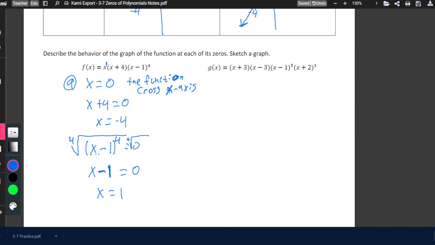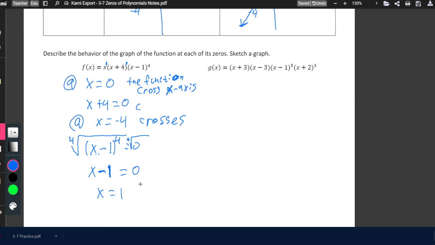So our next one, x plus 4, has an odd degree, so it just crosses as well. So at x equals -4, it crosses. And as we saw in this last one, it is (x minus 1) to the 4th.